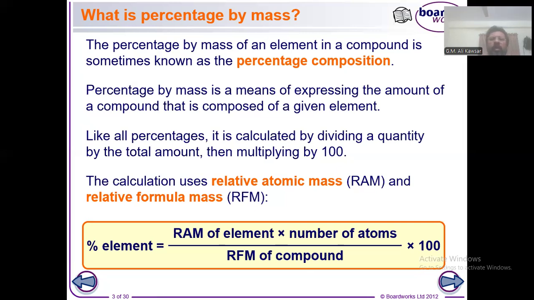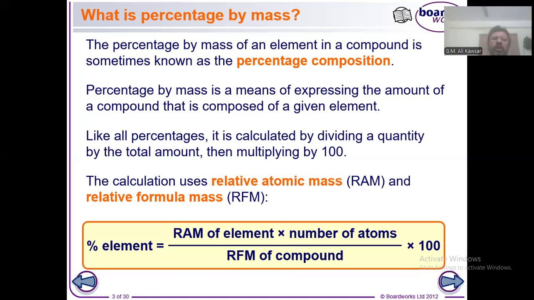Here it is called RAM, relative atomic mass. By using the relative atomic mass of the different elements present in water, they can be added to get the relative formula mass of water, which we need to find out first.